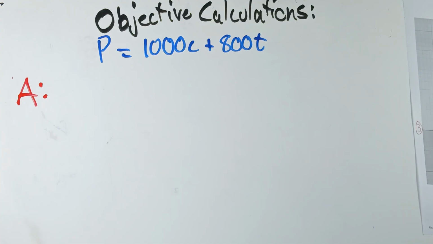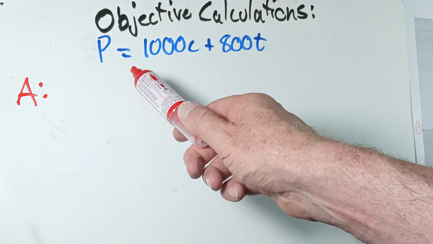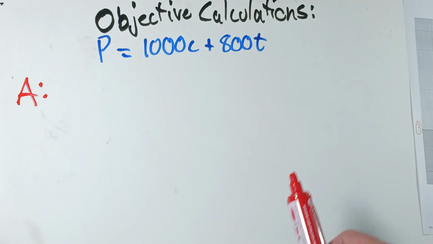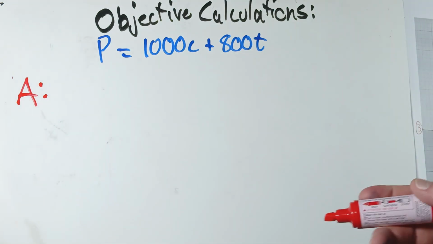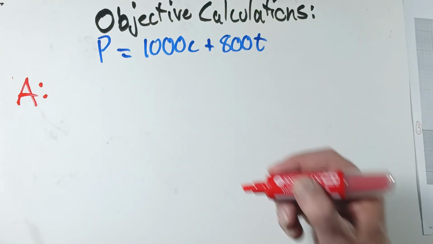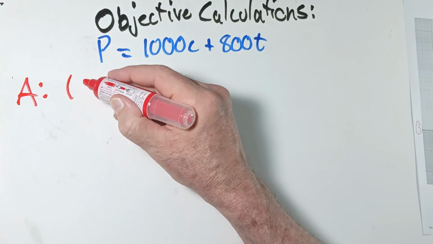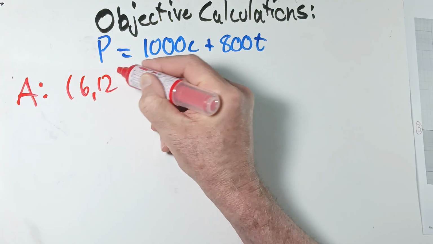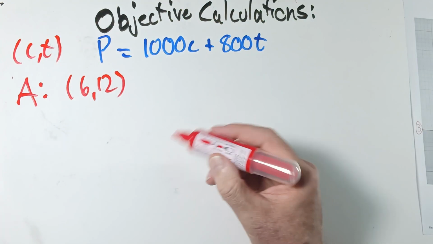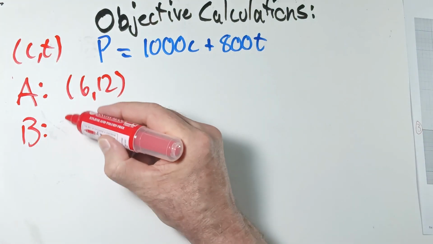So let's move on to calculating the objective. Recall that we made the objective function equal to P, or profit, is equal to 1000C plus 800T. That was actually just straight in the problem itself written out for us, and we've now found our 3 critical points. So we're going to test them all. This is the critical point. Just make sure I remember which way around they go. Next critical point is 6, 34.